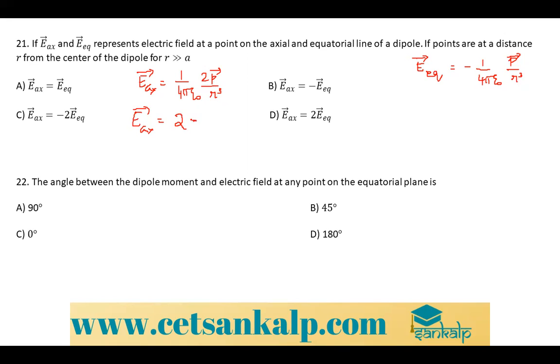Can I write it as minus E equatorial? Right? I can write it as minus E equatorial. So E axial is equal to minus 2 times the E equatorial. Option C.